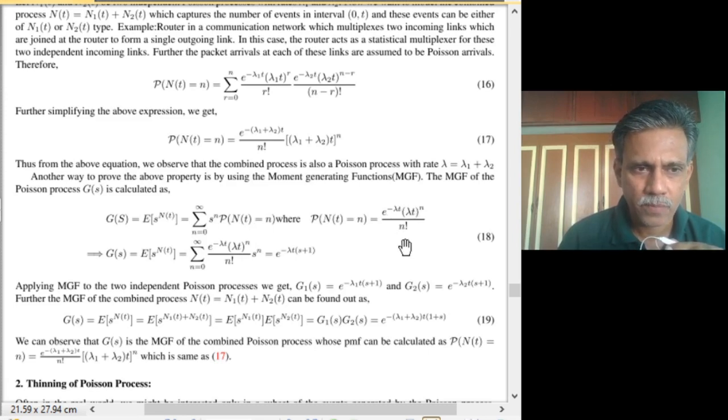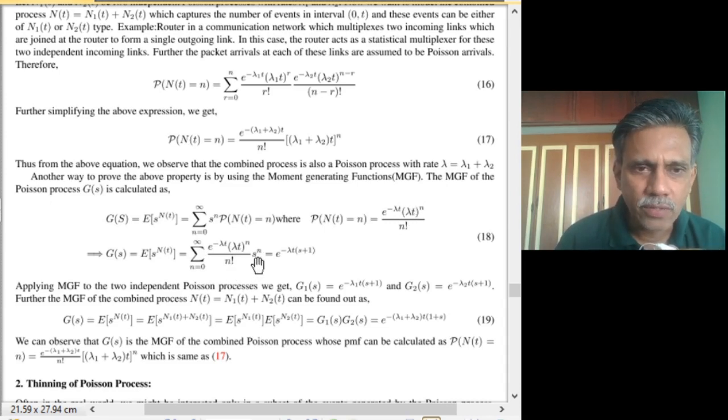So we have G of S, which is the MGF, which is the expectation of s power N of t, is the sum over n equal to 0 to infinity of e power of minus lambda t into lambda t power n by n factorial into s power n.